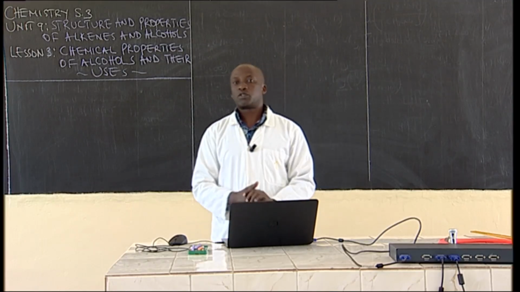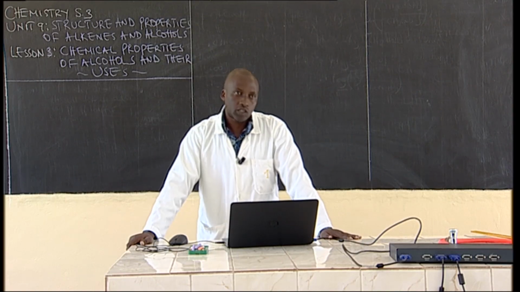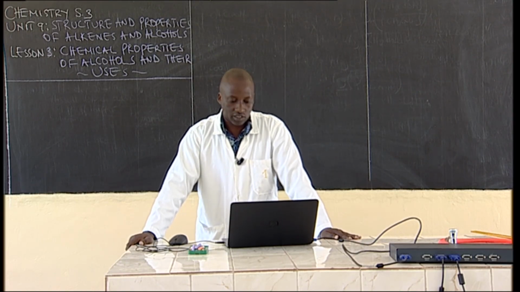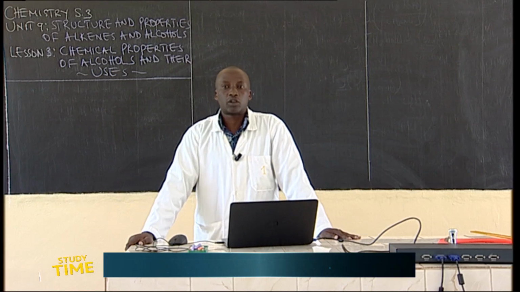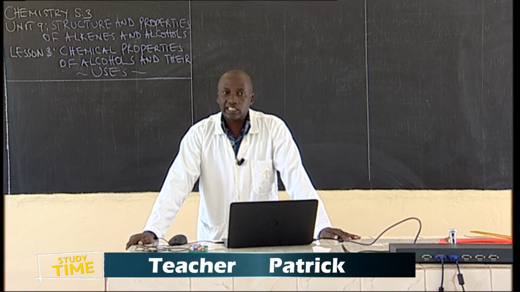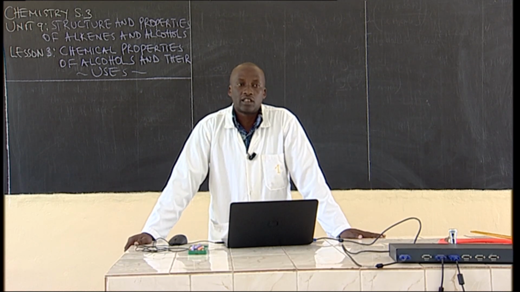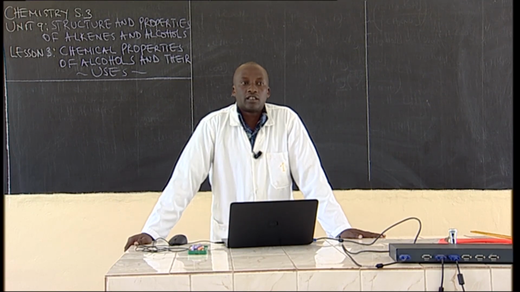My dear wonderful students of Senior 3 Chemistry class, I just want to invite you to this 30-minute session of our lesson today. We will be discussing the chemical properties of alcohols and their uses. That is lesson number 3.